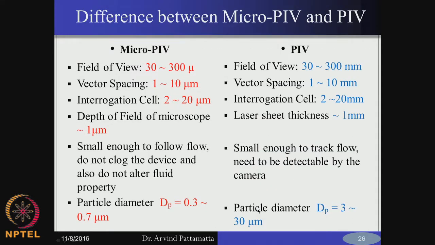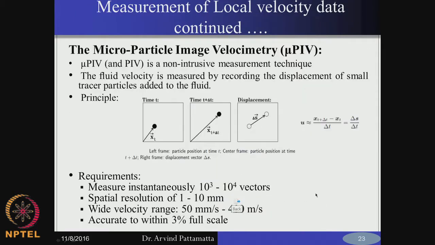So, let us look at the comparison between conventional PIV and micro PIV. In micro PIV you are looking at a field of view of the order of 30 to 300 microns, compared to conventional PIV which is covering 30 to 300 millimeters. The interrogation cell is the unit cell across which you are tracking a particular tracer within a delta t. Over a delta t this tracer can move from one point to another within that interrogation cell.